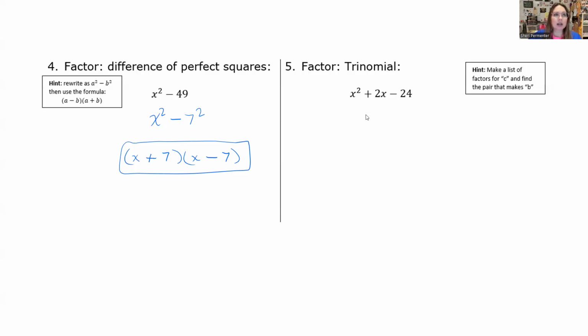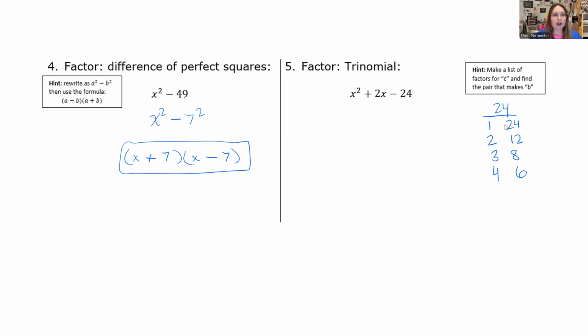Next, factor this trinomial. So this is 3 terms and the leading coefficient is 1. This is my favorite kind of factoring because it's fast. So fast factoring, I'm going to find factors of 24. Factors of 24, 1 and 24, 2 and 12, 3 and 8, 4 and 6.